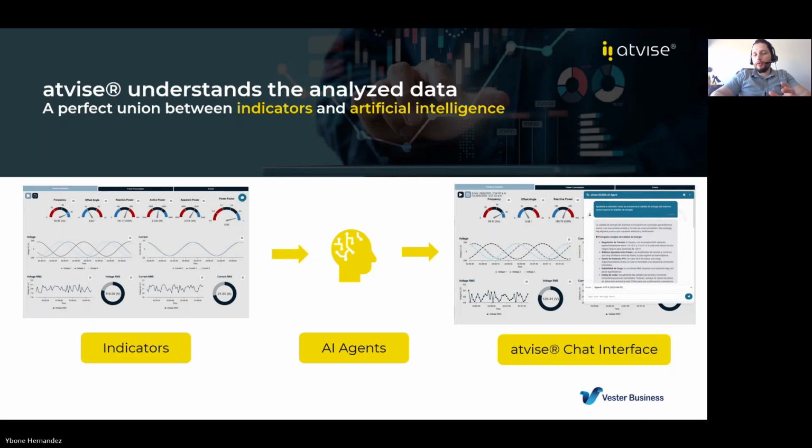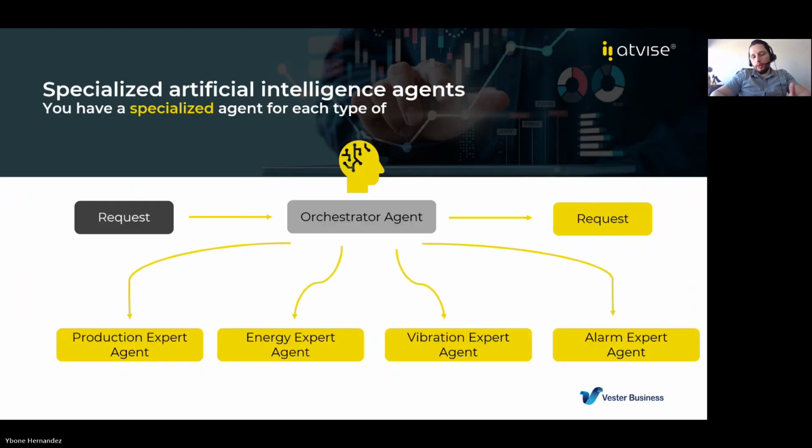However, what we've seen is that the industry is very diverse. You will see multiple types of industries. We have manufacturing industry, energy management. We also have, for example, automotive industry, mining, pharma. So we have oil and gas, for example.